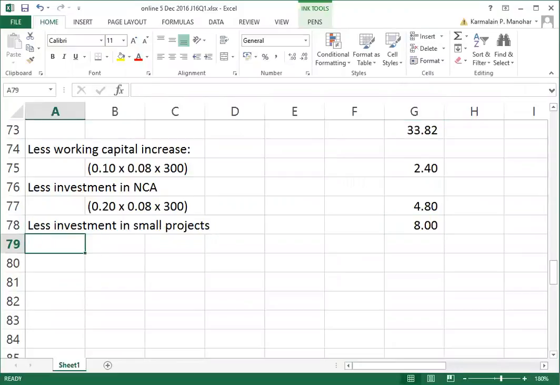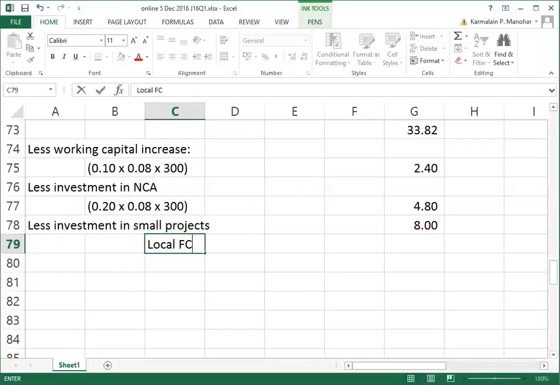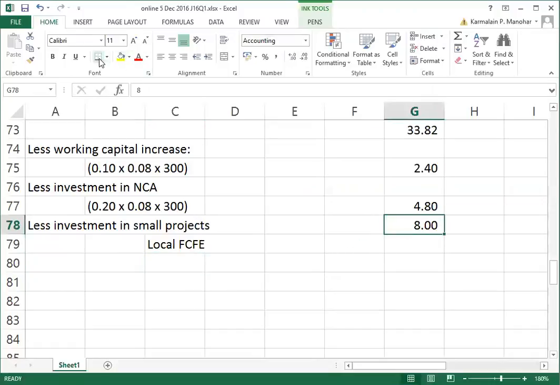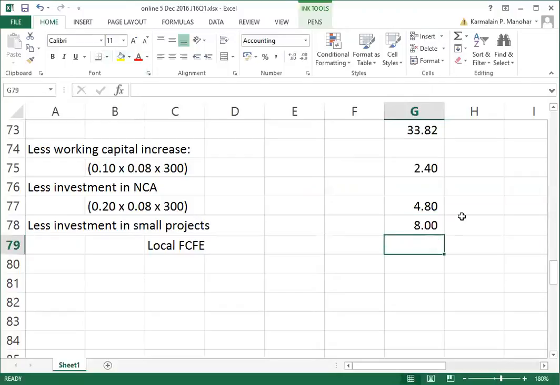Right. So this is unfortunately not the end, because as we know from the notes, this is local FCFE. So we have to now put in the other cash that we are receiving from our subsidiary.